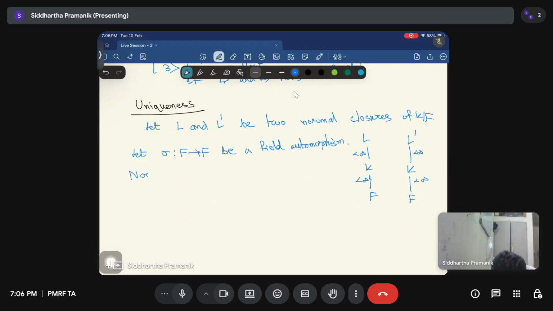Be a field automorphism. Now, by extension theorem, maybe we can take extension theorem 2.